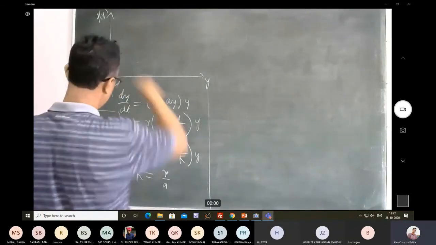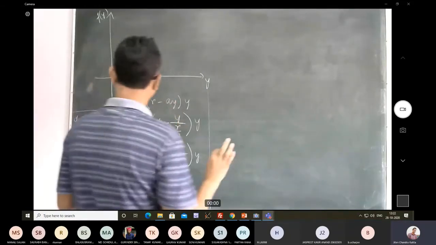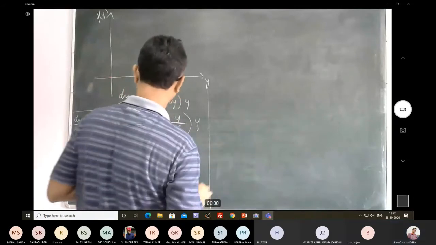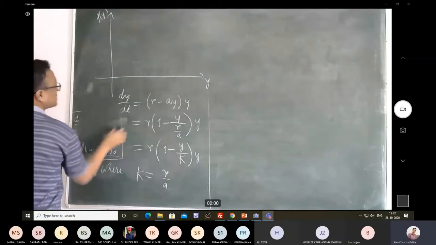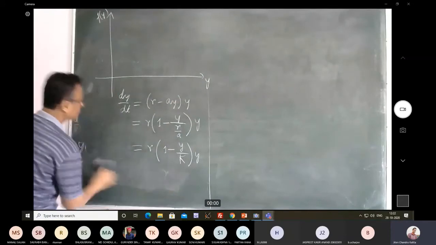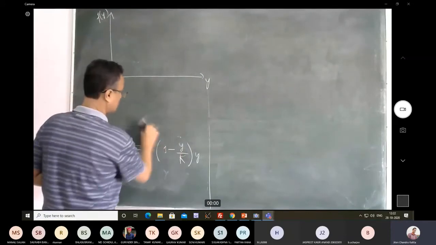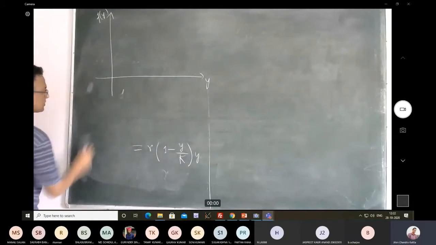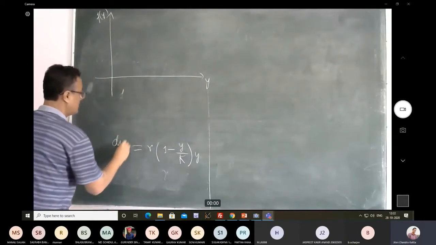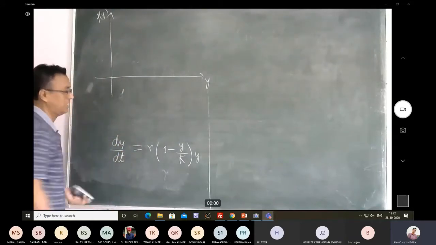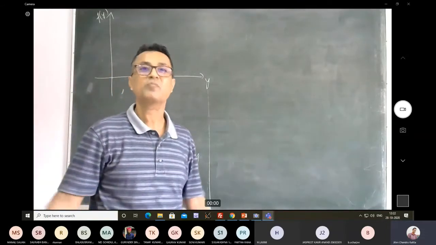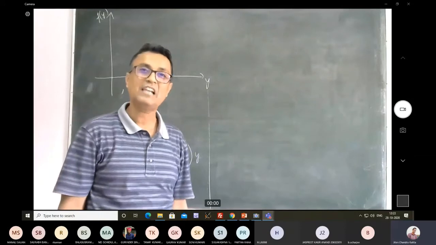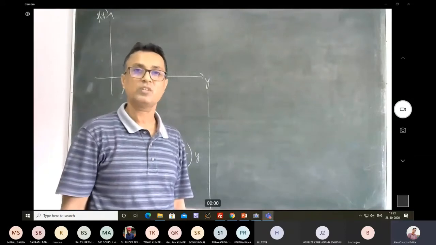Now, if I want to find the constant or equilibrium solutions, I simply plug the right hand side equal to 0.